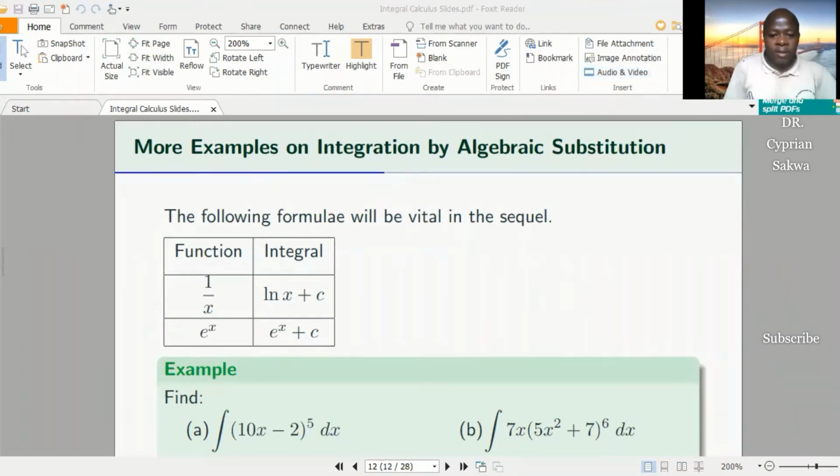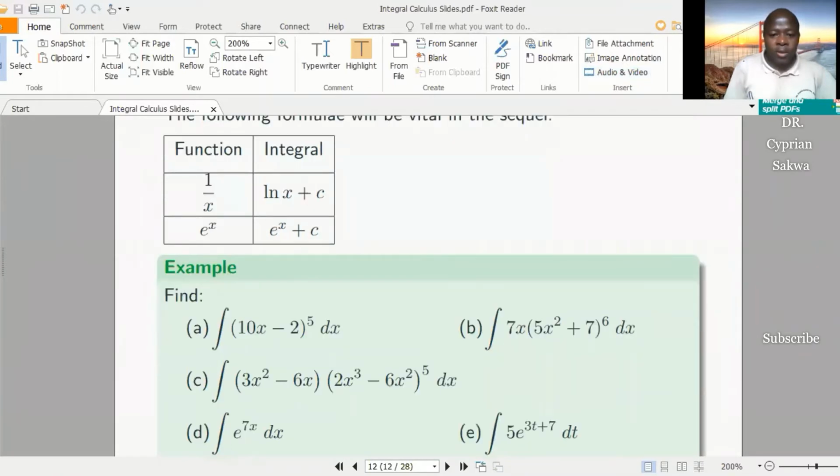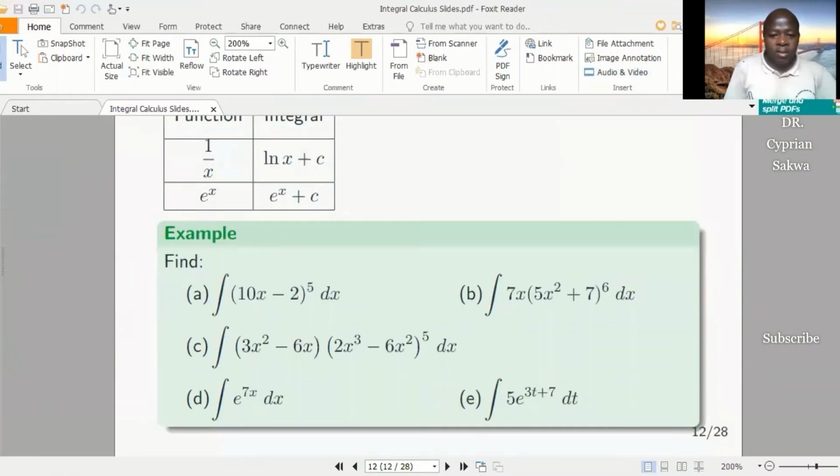We're using substitution, and you'll discover that the questions we are tackling today are slightly different from the ones we tackled in the previous video. The question is to integrate this, and it is very easy. We know how to integrate x raised to any power, which is x raised to n plus 1 over the new power, plus a constant of integration.